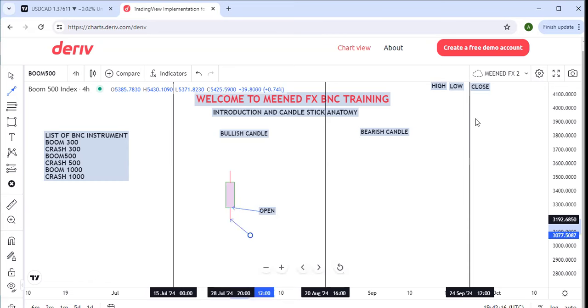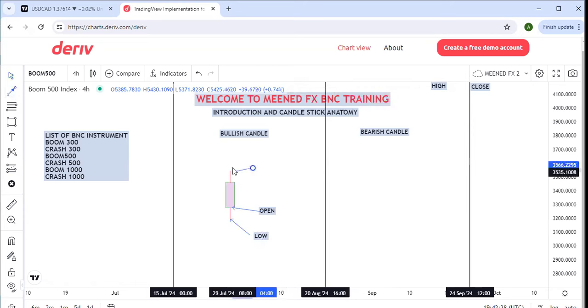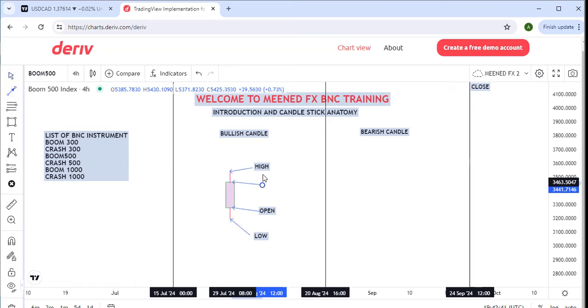Because of the diagram I'm marking, we have this low, and then it has to come and create a high, which is above the high of this one. So that's the high of the candle, and then it has to close somewhere. It closes at the body, so that's the close of the candle. These are just the basic four parameters of a candle.